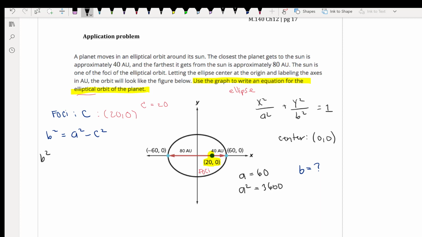I know that B squared is equal to my A squared, which is that 3,600, minus my C squared. Well, C is 20, so 20 times 20 is 400. So 3,600 minus 400 is going to give me a B squared value of 3,200.